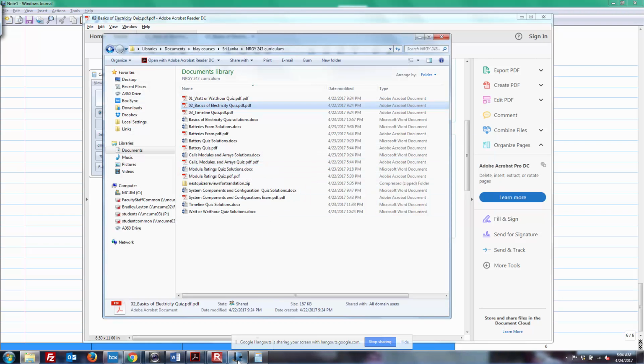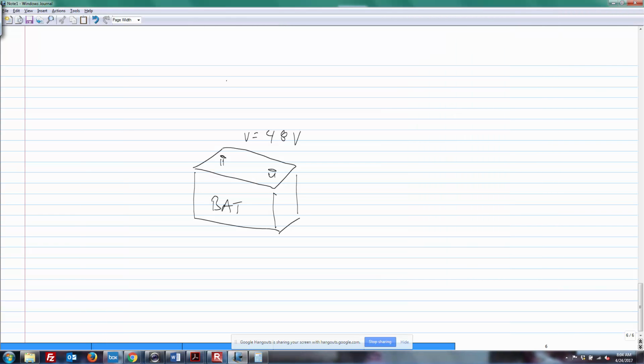So the capacity is 700 amp hours. So the energy equals the voltage times the current times the time equals 48 volts.